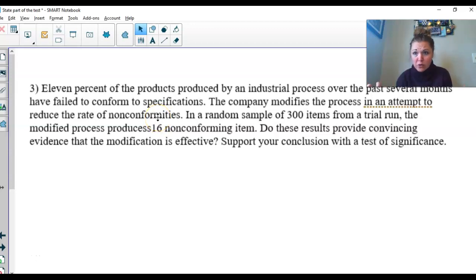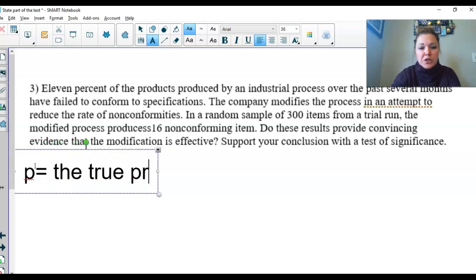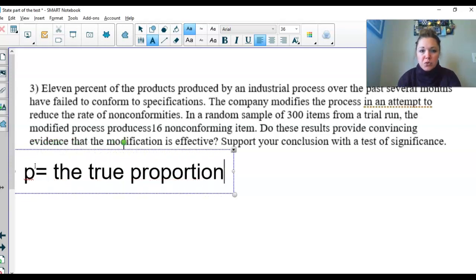Now, you don't know how to do all those tests. You are just wanting to do this state. The three things, again, do you know them? P is the parameter, the null hypothesis, the alternative hypothesis. Okay, let's do it. P is always the true proportion. What is this true proportion about? Well, what's the story about?